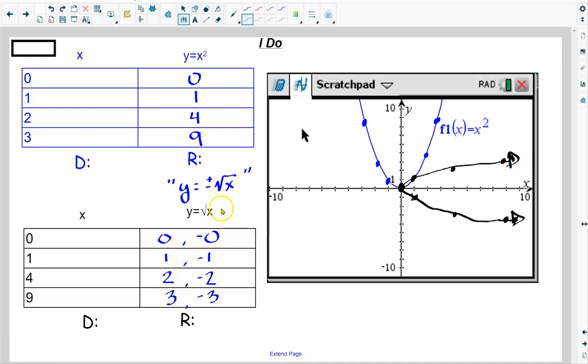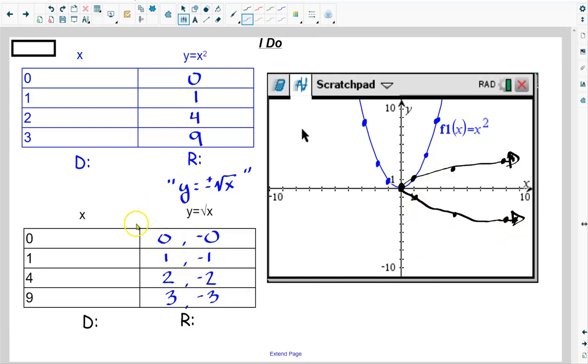Now, in this case, notice that I had to include these positive values and their negative versions down here. We have to be aware of that, because had I just grabbed this and put it in the calculator, it would be incorrect. This is a parabola, so is this one.